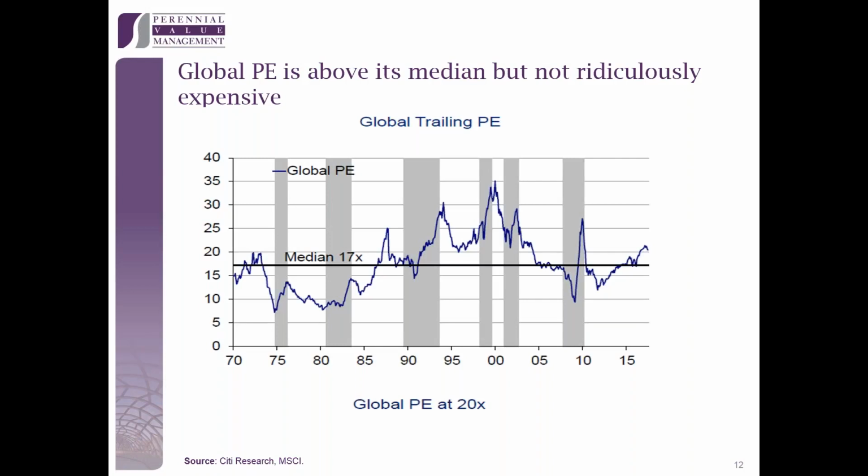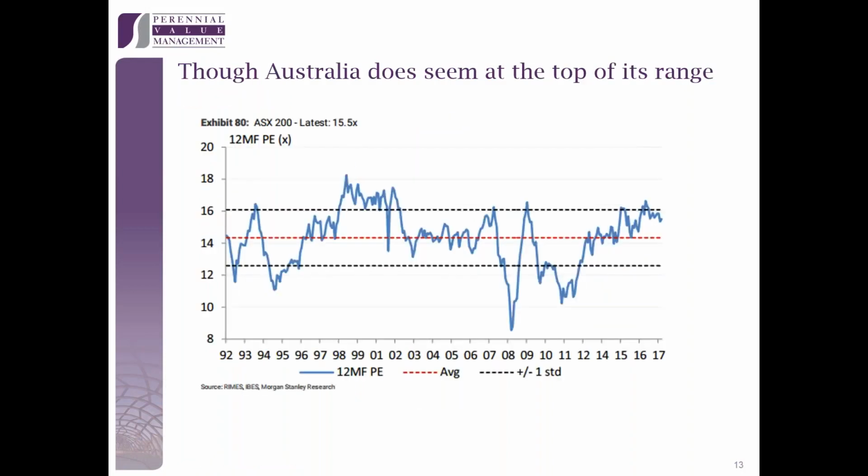The FANGs, Facebook, Google, etc., are only a portion of the rally we've seen in the last little while. We don't have a CAPE chart here, but the CAPE ratio, which looks at the previous 10 years reported earnings adjusted for inflation, shows a significantly higher current PE relative to its long-run average, which also concerns us a little bit.